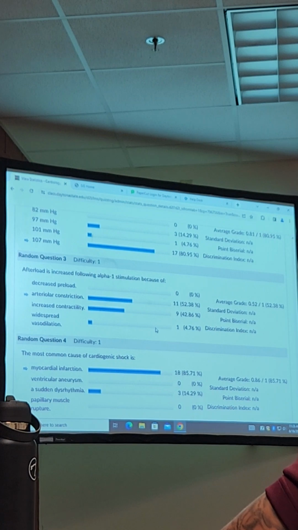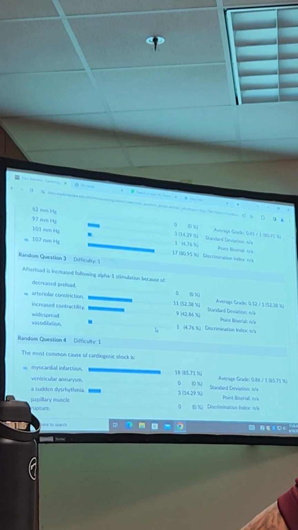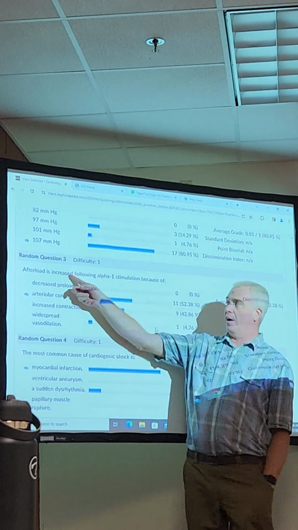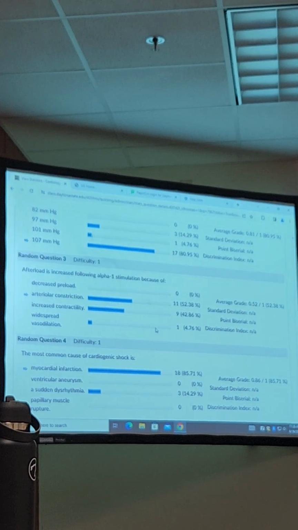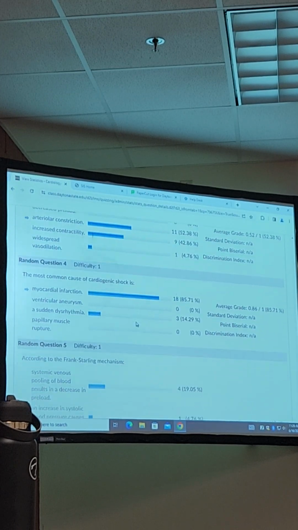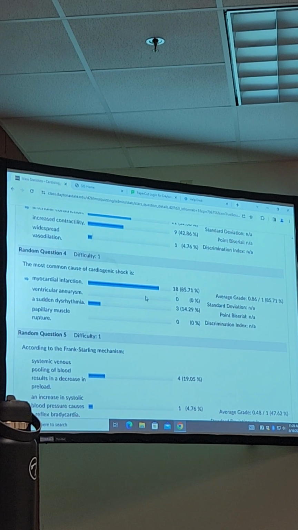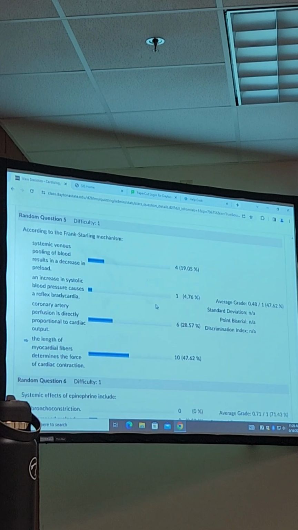Afterload is increased following alpha 1 stimulation because alpha 1 constricts arteries, raises blood pressure. Most common cause of cardiogenic shock? Heart attacks, without a doubt. According to the Frank Starling mechanism, okay, Frank Starling is what again?